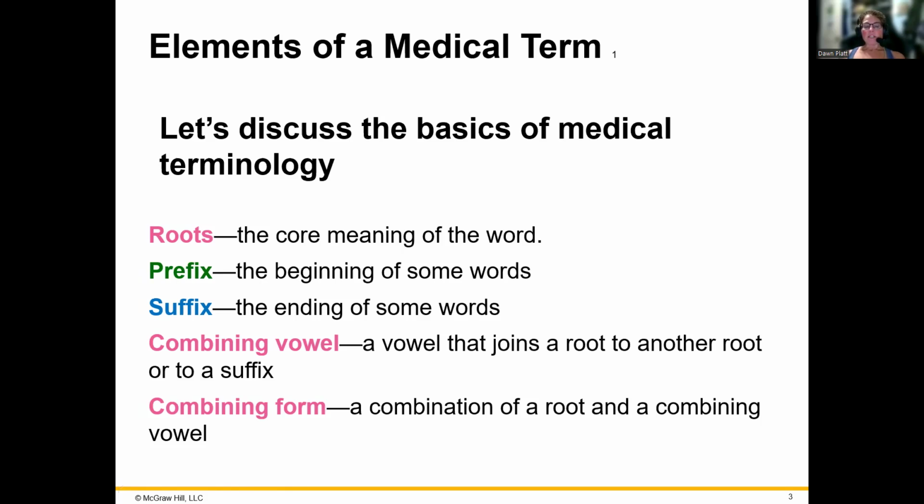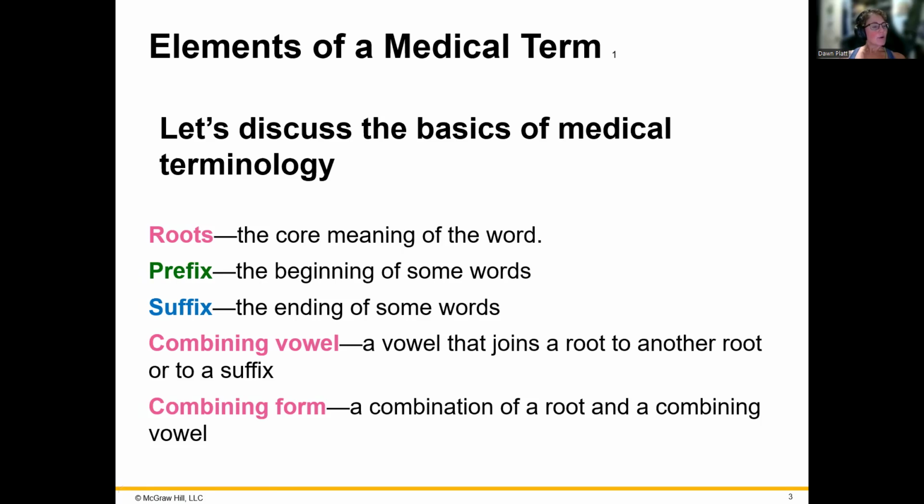The definition of a combining vowel is going to be a vowel that joins a root word to either another root word or to a suffix. And right now, this probably doesn't make a lot of sense, but it will. The combining form is the combination of a root word and a combining vowel.